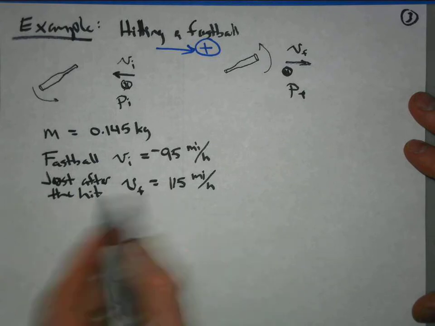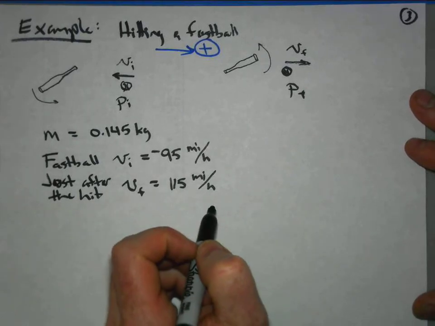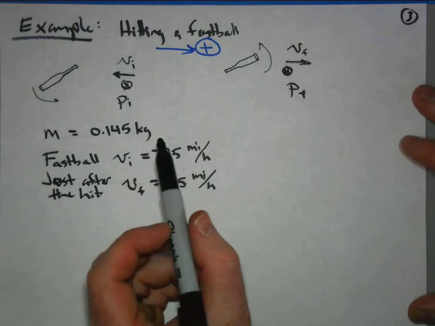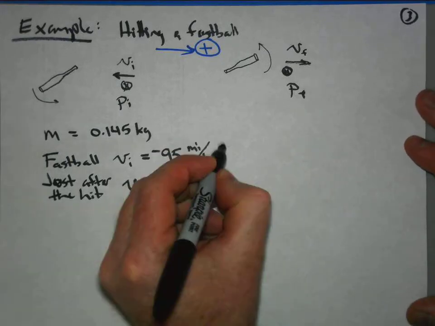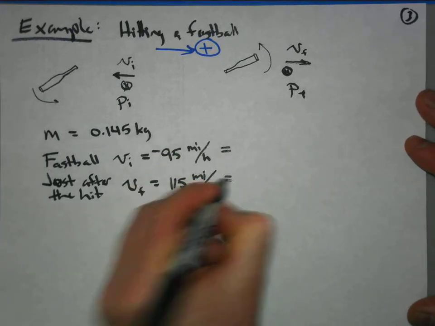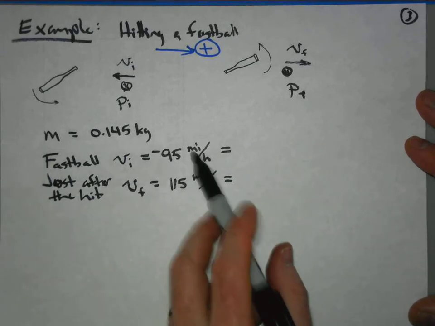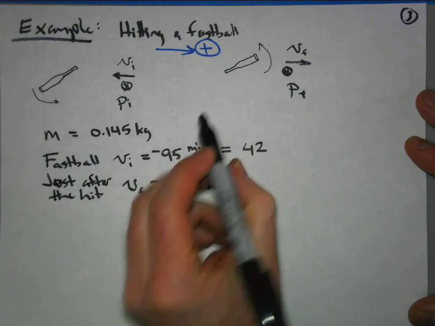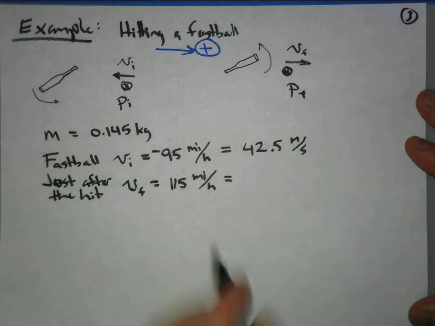That is positive. But I have to recognize, okay, miles per hour, no, don't like that. Everything else I'm dealing with here is going to be in the units, the SI system of units. There will be some conversion I have to do. And when you look this up and you get the conversion from miles per hour into meters per second, you end up with 42.5 meters per second on the fastball pitch.